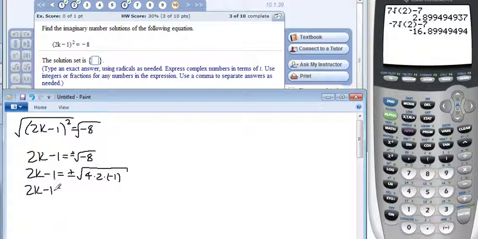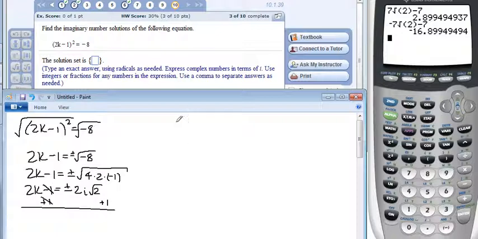So I have 2k minus 1 is plus or minus. This is a 2 and an i. 2i roots of 2. So I've simplified my square root of negative 8 first of all. Now I've got to isolate my k. So I will add a 1 across to both sides. This is gone.